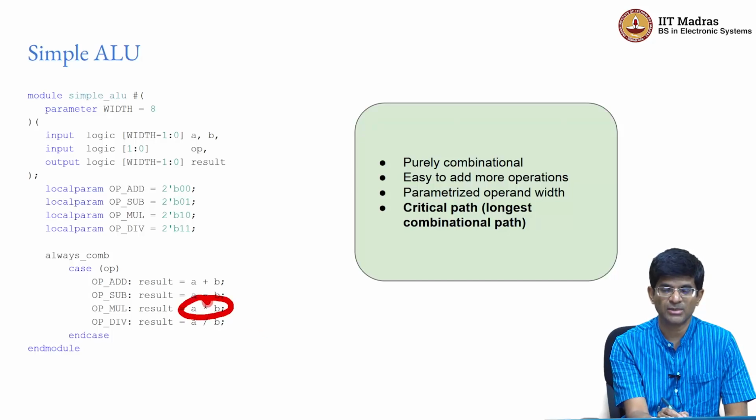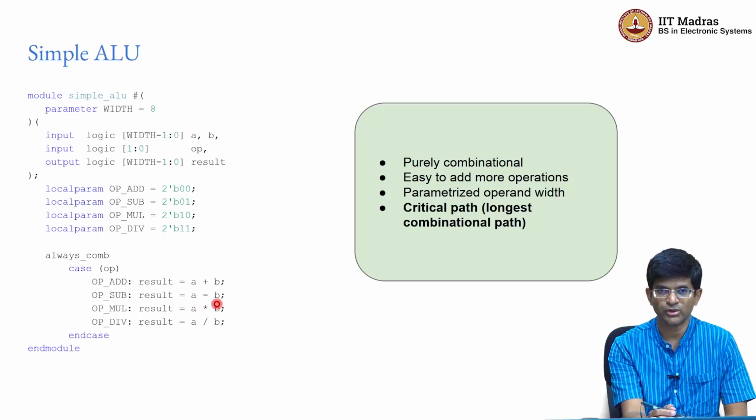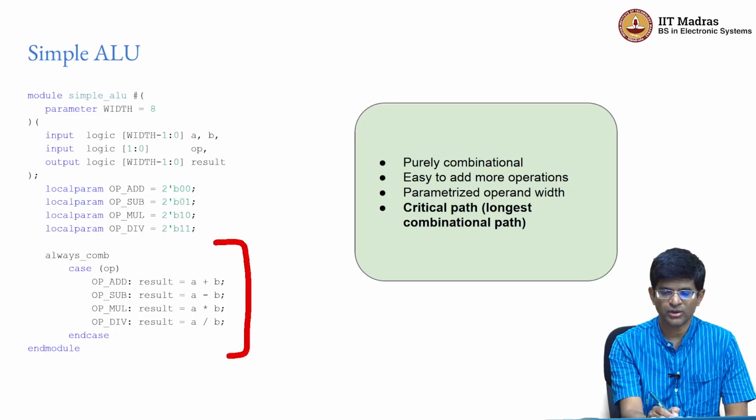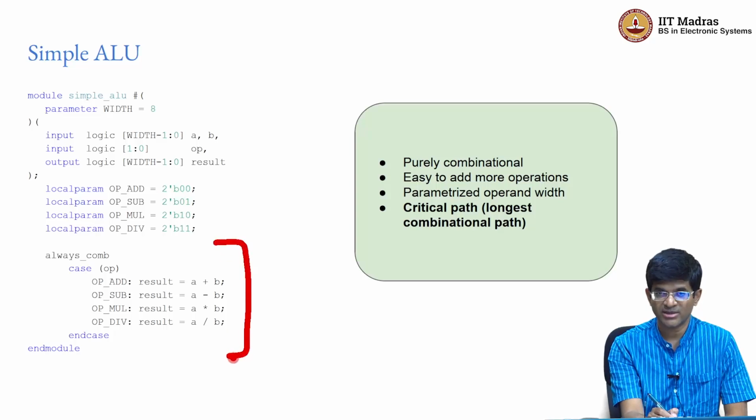Most compilers are smart enough to figure this out, and most compilers also have built-in modules that allow them to implement multipliers in a fairly efficient manner. Division is a slightly more complicated task. It is pretty unlikely that you will come across a combinational circuit for division. So what that means is, right now the way this code is written is something that will simulate fine, but most likely may fail to synthesize.